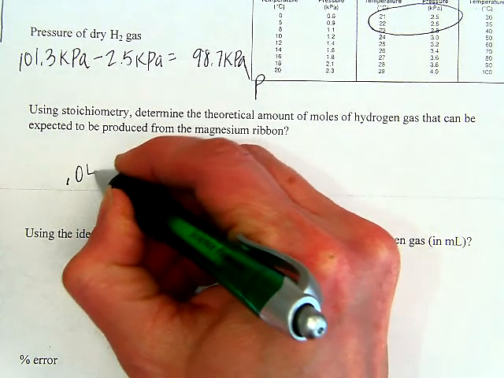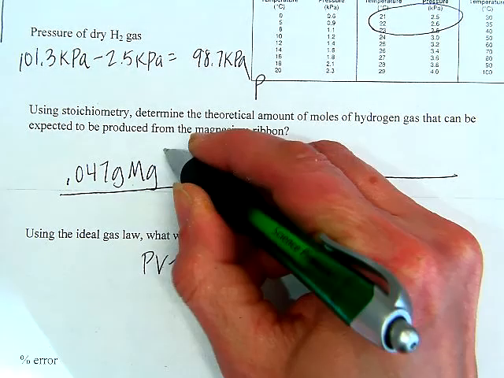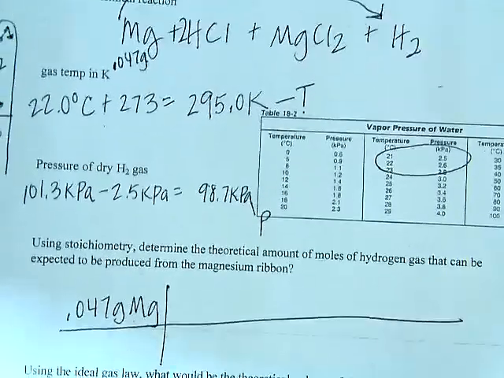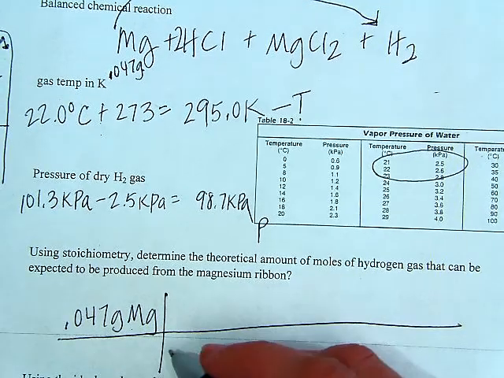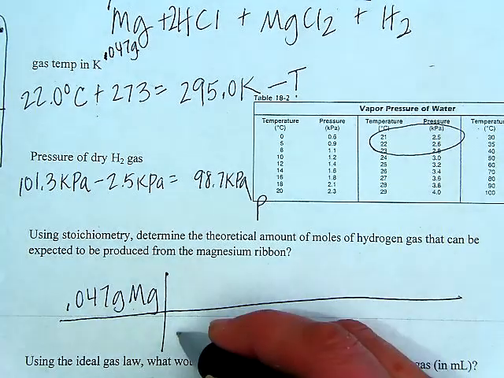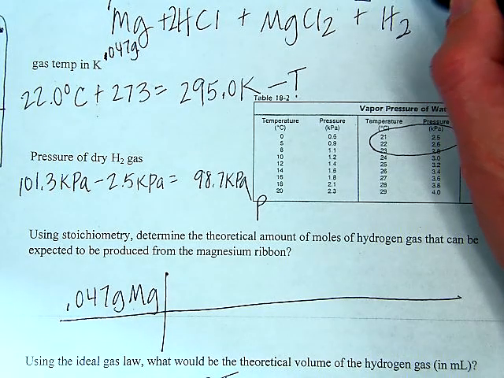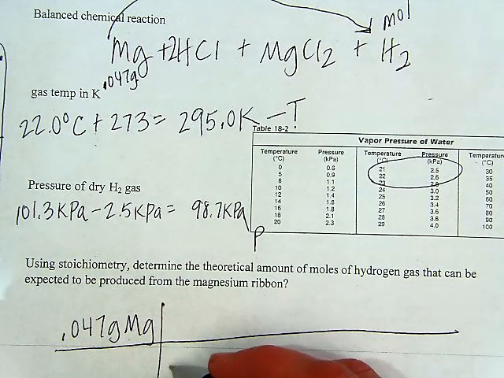So always start with what's given to you in the story. In this case, we started with 0.047 grams of magnesium. I am now going to stoichiometrically come up with the moles of hydrogen. To do that, you need to get to moles.